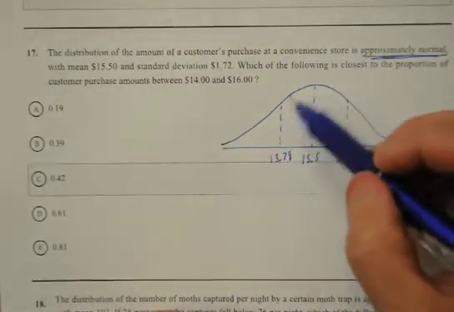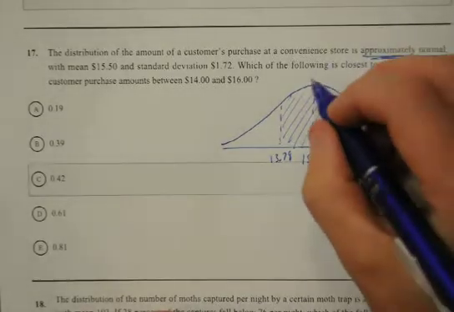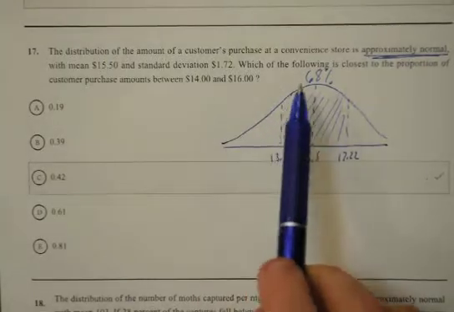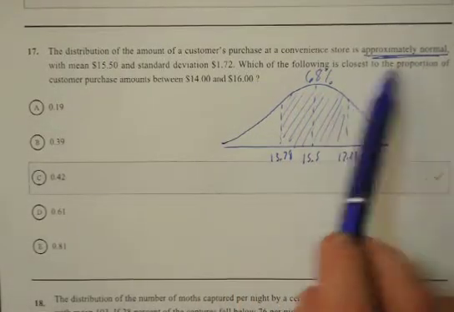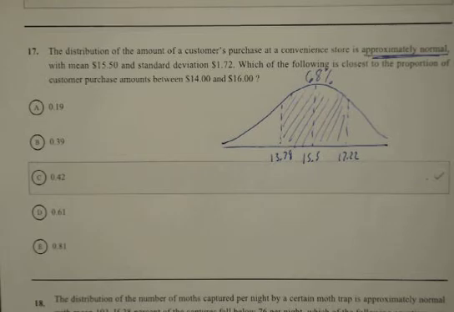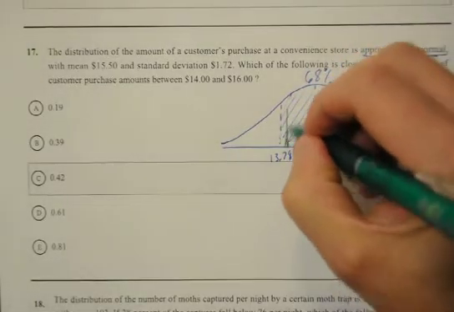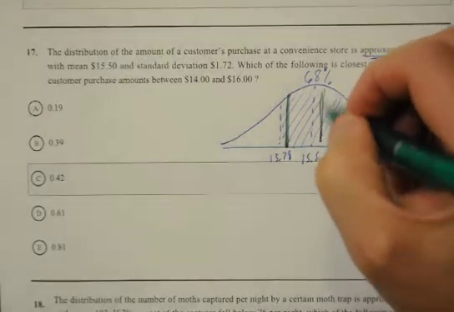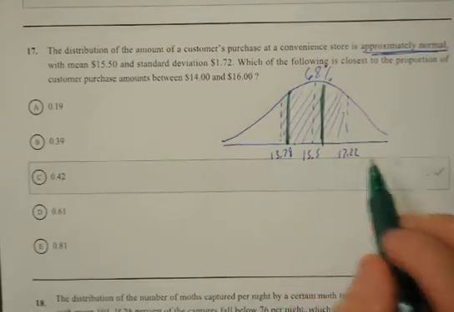Alright, so this is 68%. Which of the following is closest to the proportion of customers between 14 and 16? Now 14 is going to be like here-ish, and 16 is going to be like here-ish, if I had to guess.